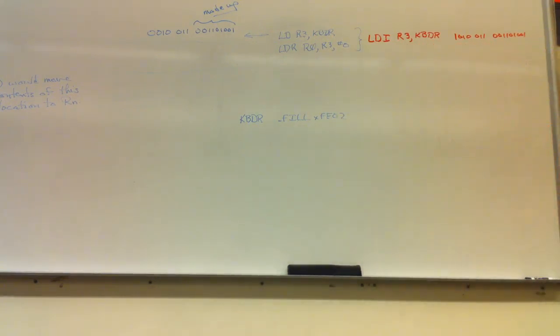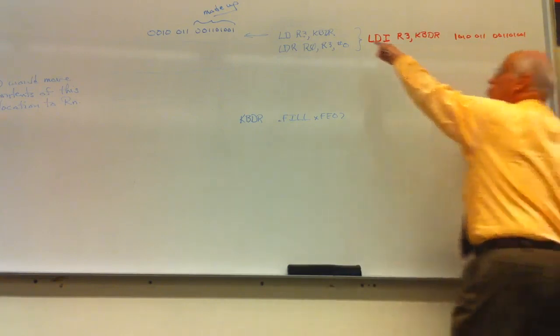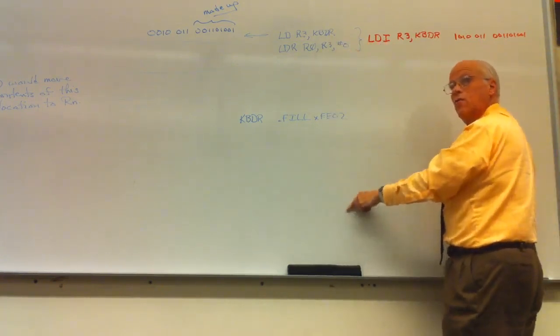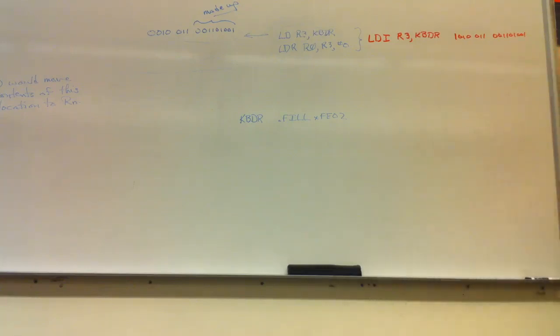Okay, that's the indirect. We go directly from here to here, indirectly one more step. R3 would then hold the contents of what that address had.